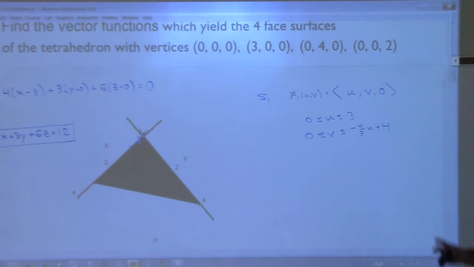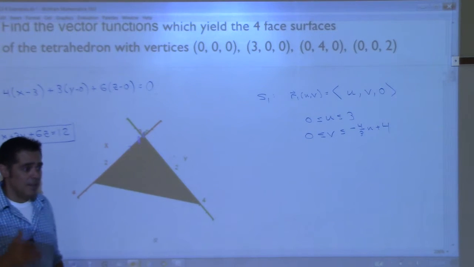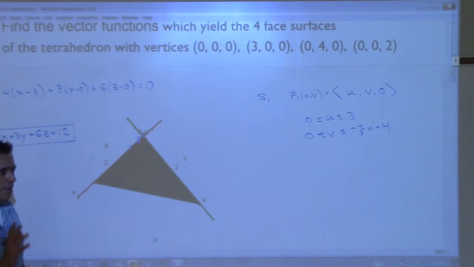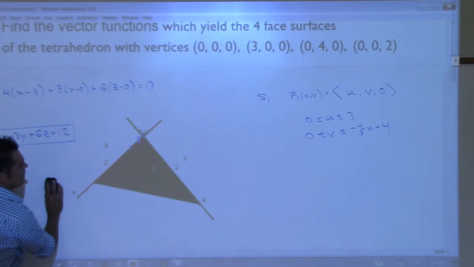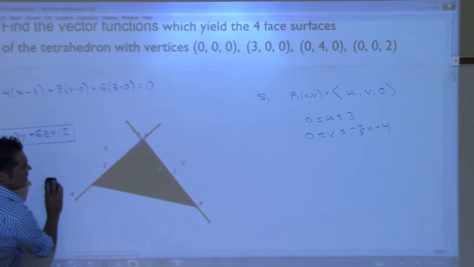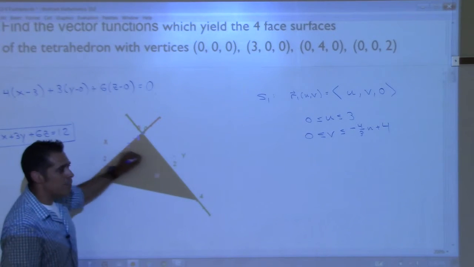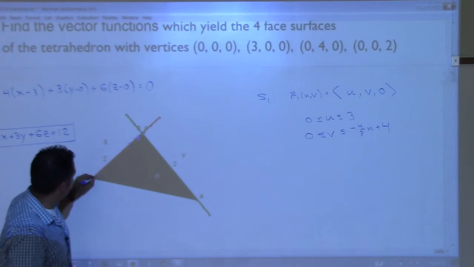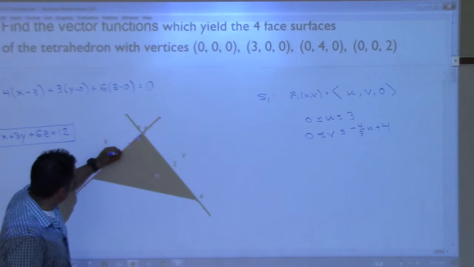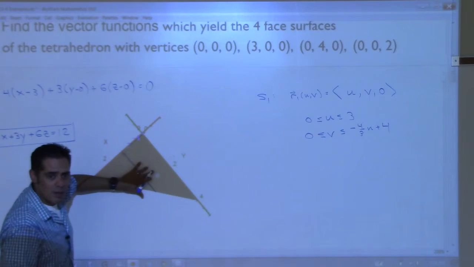Shouldn't drawing this plane be almost the same as that? What's the only difference between S1 and S4? This will get me this picture in the XY plane. It's just when I pick an X value and I start to draw this line segment, I don't want to be stuck on the ground.